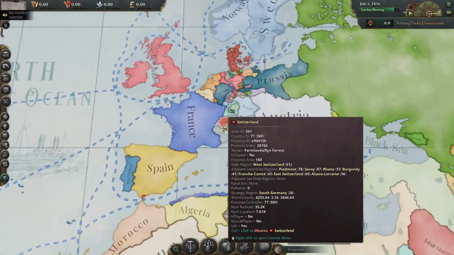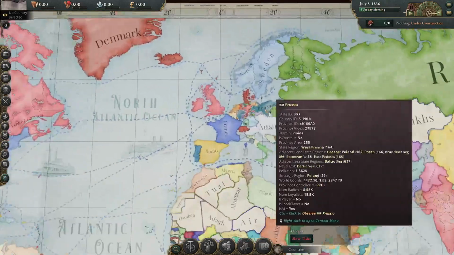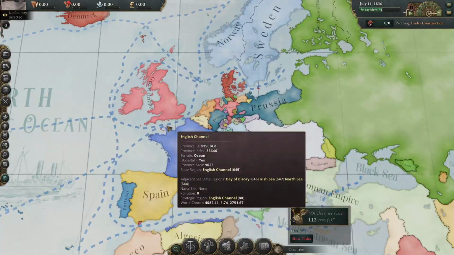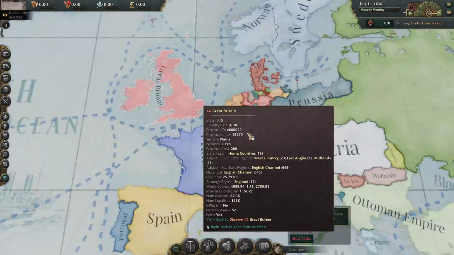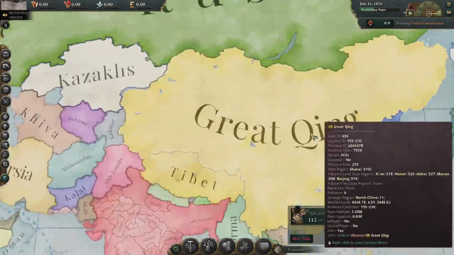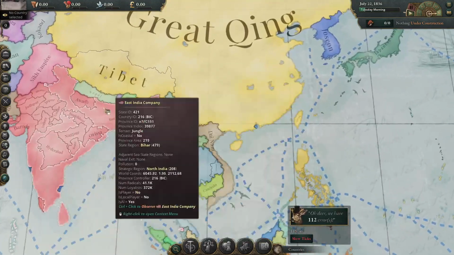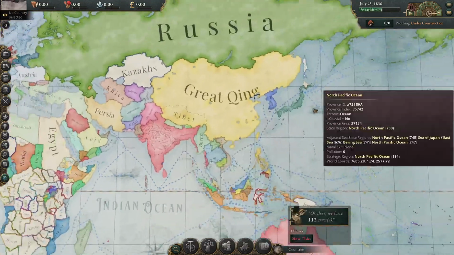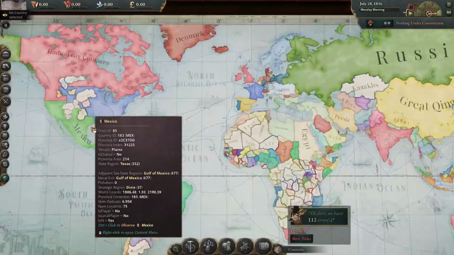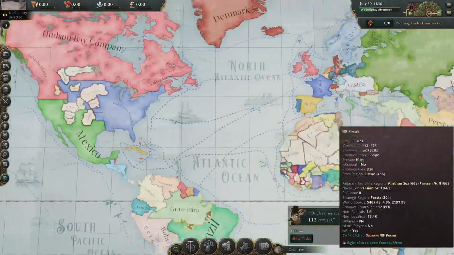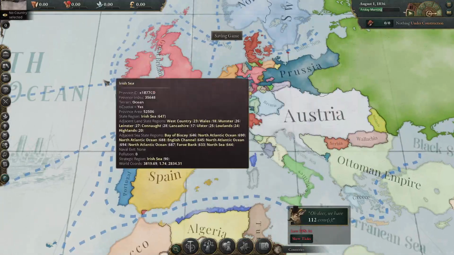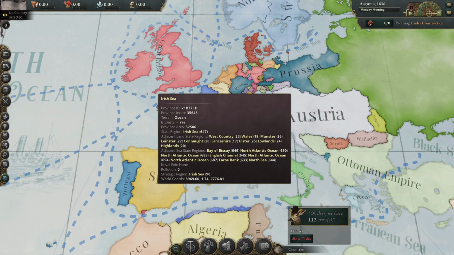But when you experience a mass migration onto you, depending on the size of the culture that's moving, it can be a big deal. If you can get a mass migration of Han Chinese, or of literally anyone in India, then you can get enormous amounts of population in your country pretty quickly. And that's one of the reasons that multiculturalism is pretty strong.